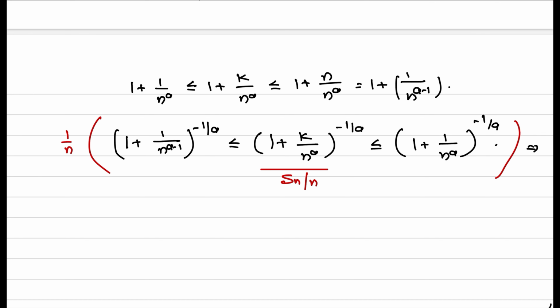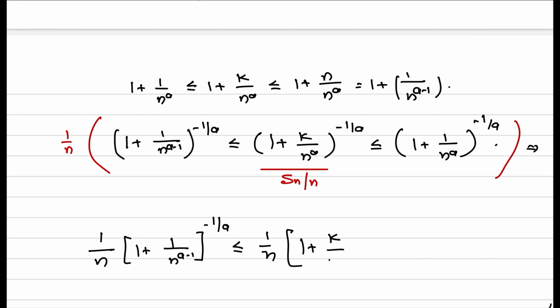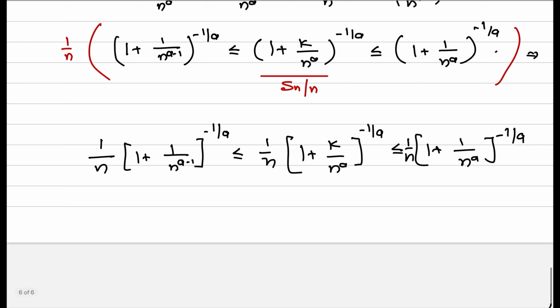What happens? 1 by n into (1 plus 1 by n to the power of a minus 1) to the power of minus 1 by a is less than or equal to 1 by n into (1 plus k by n to the power of a) to the power of minus 1 by a is less than or equal to 1 by n into (1 plus 1 by n to the power of a) to the power of minus 1 by a.